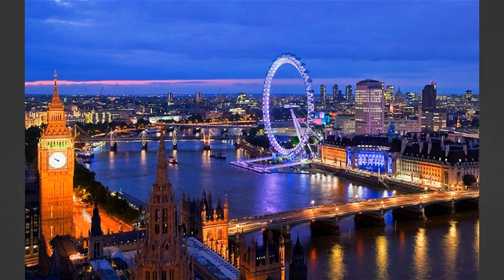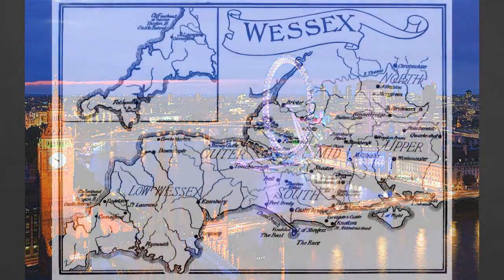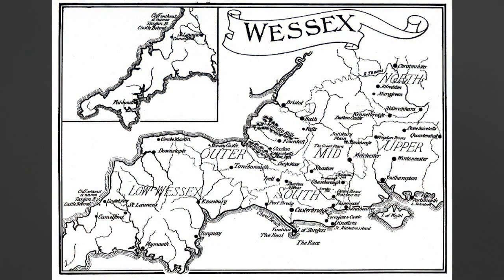So if you look at the history of English, during most of the Old English period, particularly the late Old English period, the socioeconomic concentration of power, the hegemonic focal point of power, was Wessex, which is in the southwest of England.